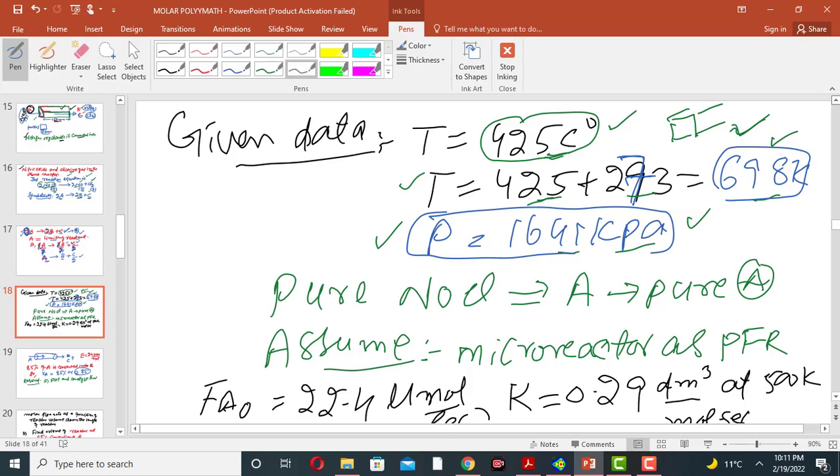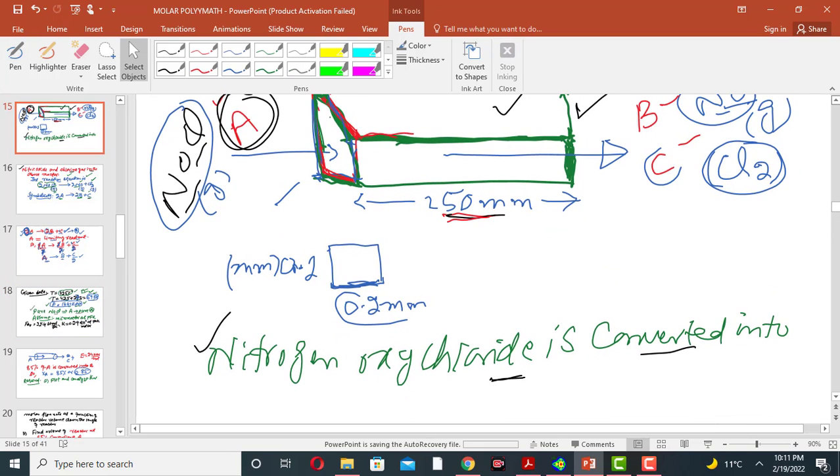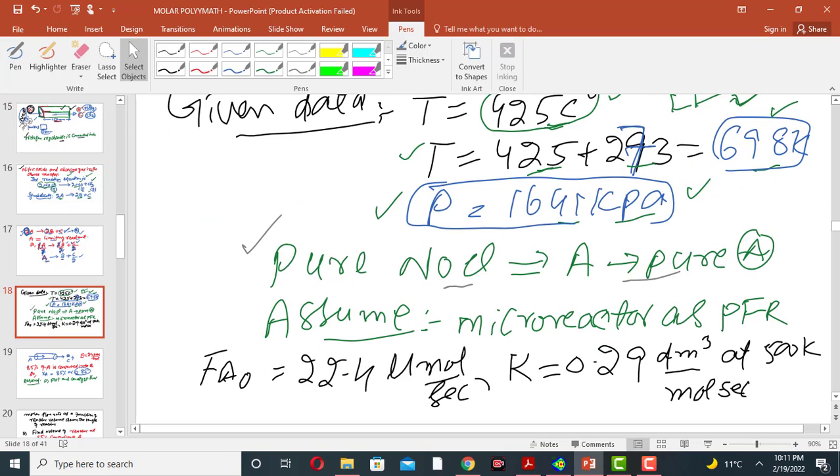Now pure nitrogen oxychloride is entering the reactor. So here A is pure. This is 100% pure A, which is entering this reactor, and it gives us two products, which are nitric oxide and chlorine gas.